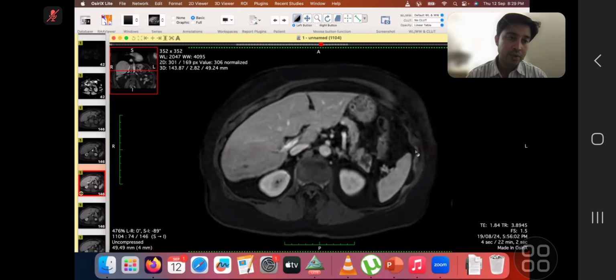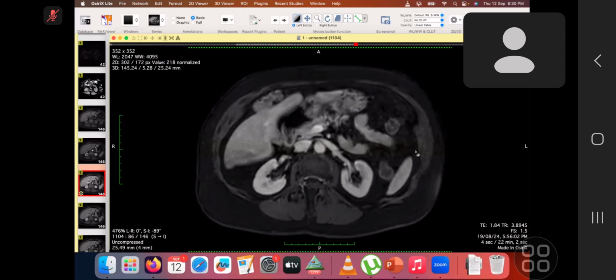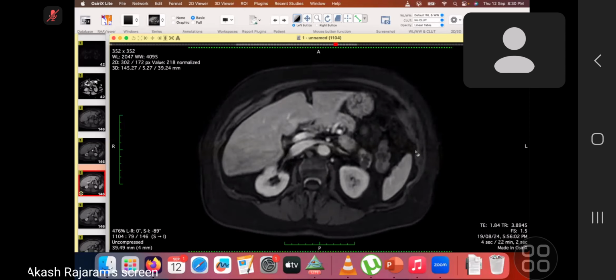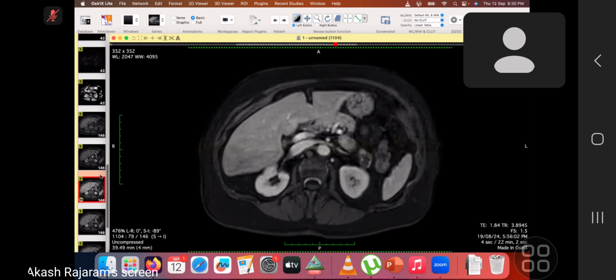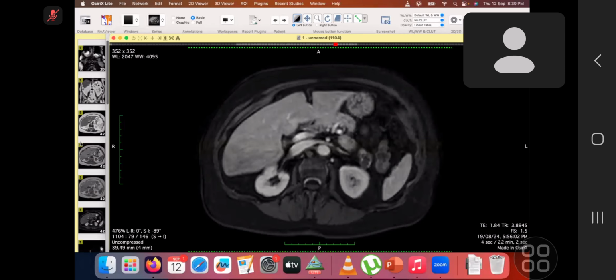Do you want to see any other sequence? Yes, I want to see the T1 and T2 to know if it is cystic or fat containing.